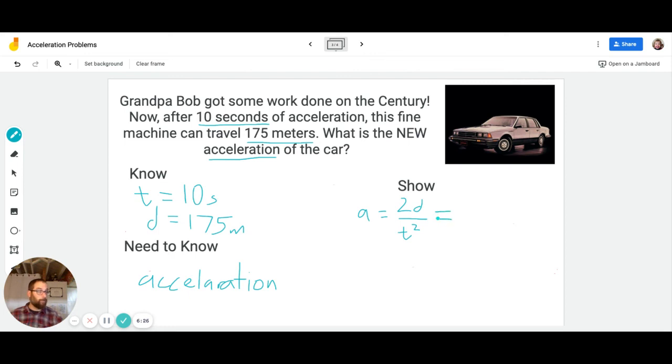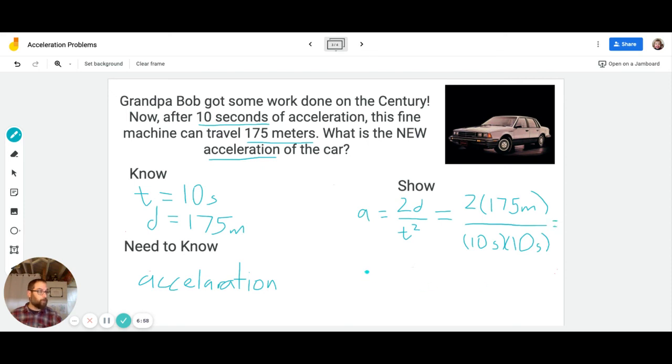So I'm going to rewrite my fraction, 2, using parentheses to show multiply, 2 times 175 meters, divided by time squared. So again, I'm going to write this as 10 seconds multiplied by 10 seconds. Now for this problem, I want to do the math on the top and do the math on the bottom and then rewrite the fraction before I divide to make sure I don't make any mathematical errors.